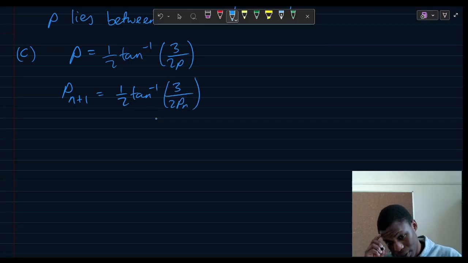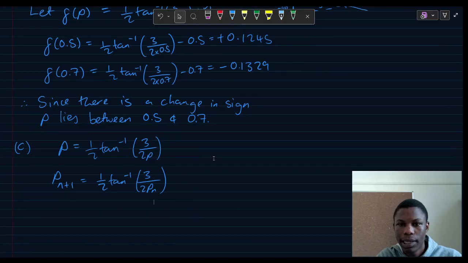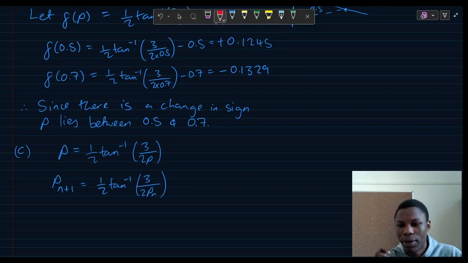Okay, so we need to pick an initial value to start our iteration. In this case, we know that our P lies between 0.5 and 0.7. So as my starting value, I can use either 0.5 or 0.7.